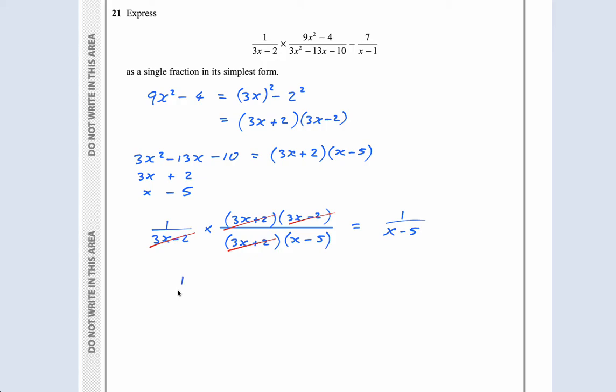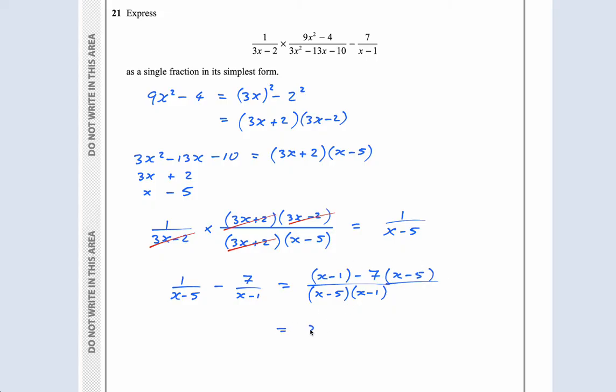Now I can say 1 over x minus 5 minus 7 over x minus 1. I need to add two algebraic fractions, so I get a common denominator, which is x minus 5 times x minus 1. That's the common denominator because they both go into this. Then I multiply 1 times x minus 1, and 7 times x minus 5.